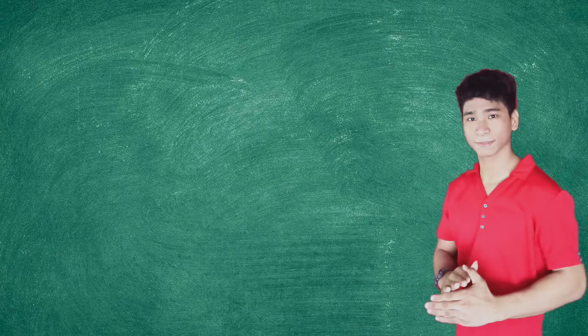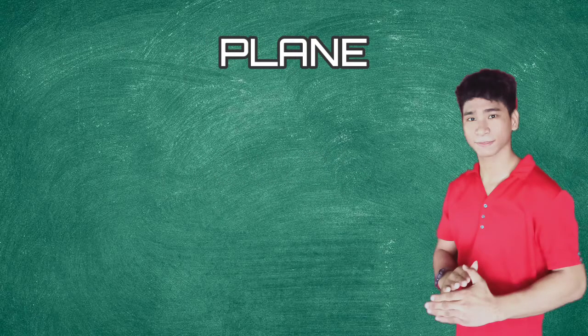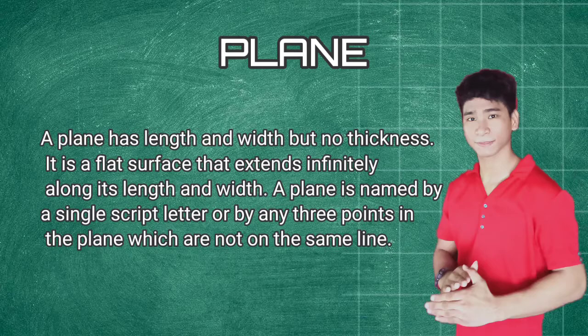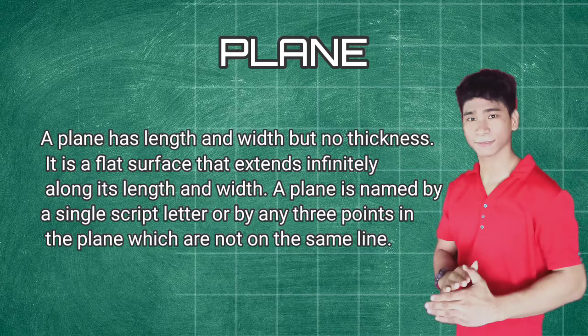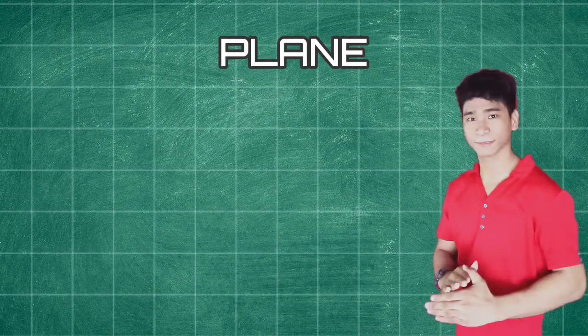Let's jump to the plane in geometry. According to definition, a plane has length and width but no thickness. It is a flat surface that extends infinitely along its length and width. A plane is named by a single script letter or by any 3 points in the plane which are not on the same line. So it means one plane needs 3 points.